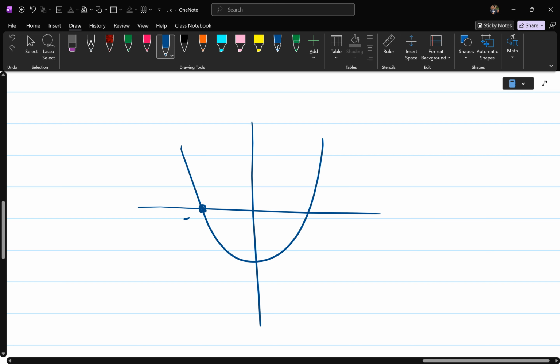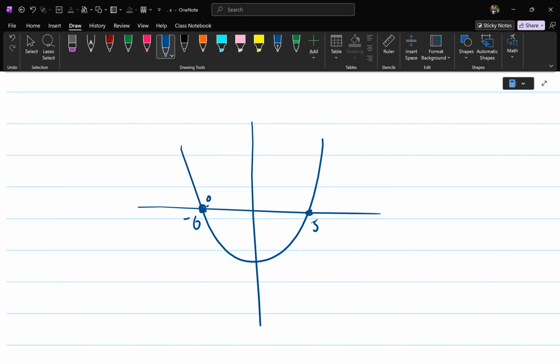So if at negative 6 it's 0, and then at 5 it's also 0, then if you went 1 unit across, so to 6, and then 1 unit to the left, it's negative 7, they must share the same y value.